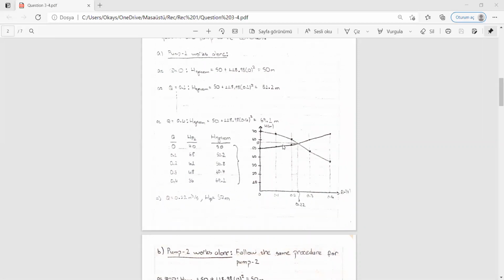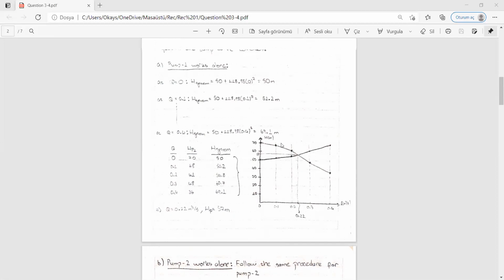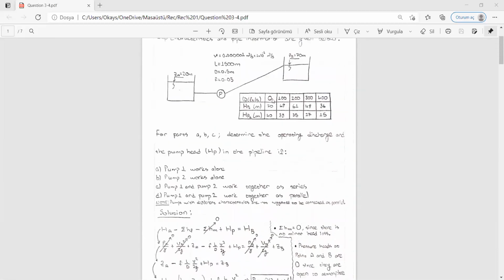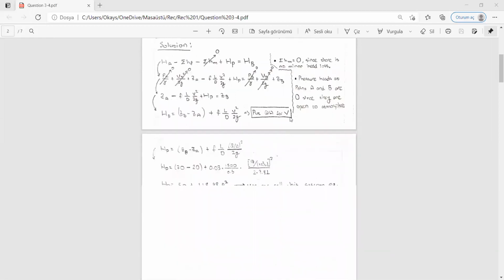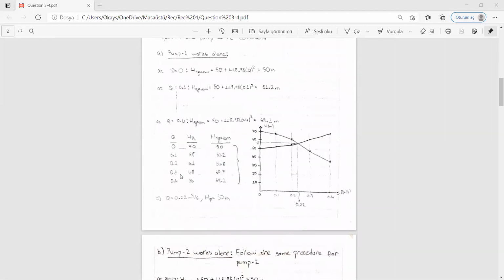Hocam, can you just briefly explain that table over there? Which table? The one next to the graph. This one. At 70, 68, 61. Where did those come from?